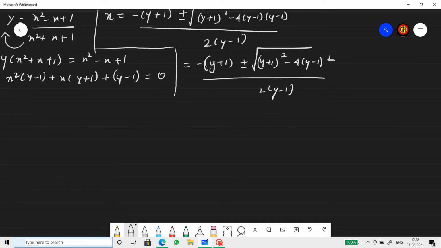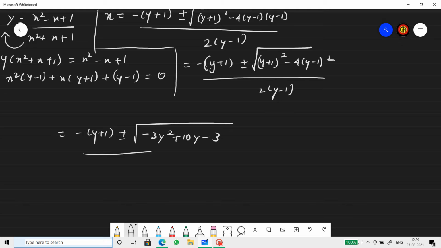Now expand the terms that are inside the root. So you get minus of y plus 1 plus or minus root over minus 3y square plus 10y minus 3 by 2 times y minus 1.